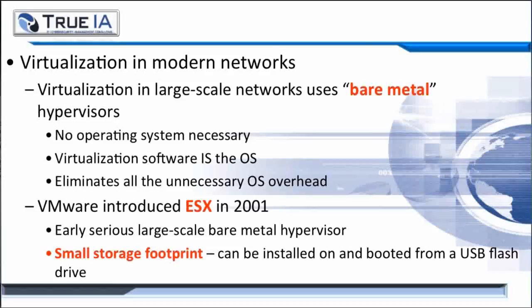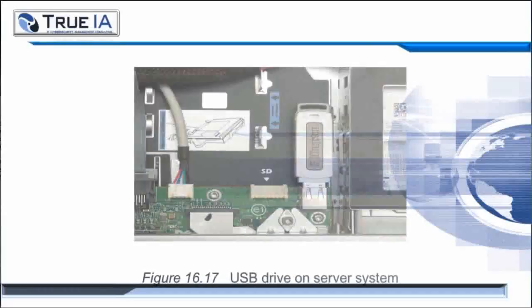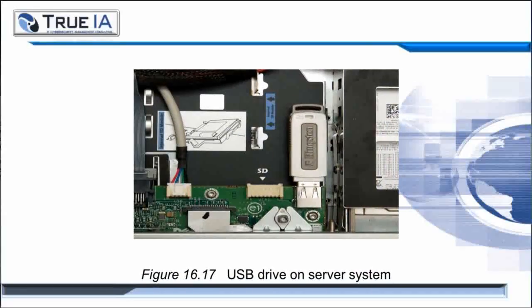Most popular is a product called ESX. Now they've moved to ESXi, which the I just simply stands for embedded. With ESX, you have an extremely small storage footprint. As a matter of fact, the entire ESX operating system fits on a single thumb drive.